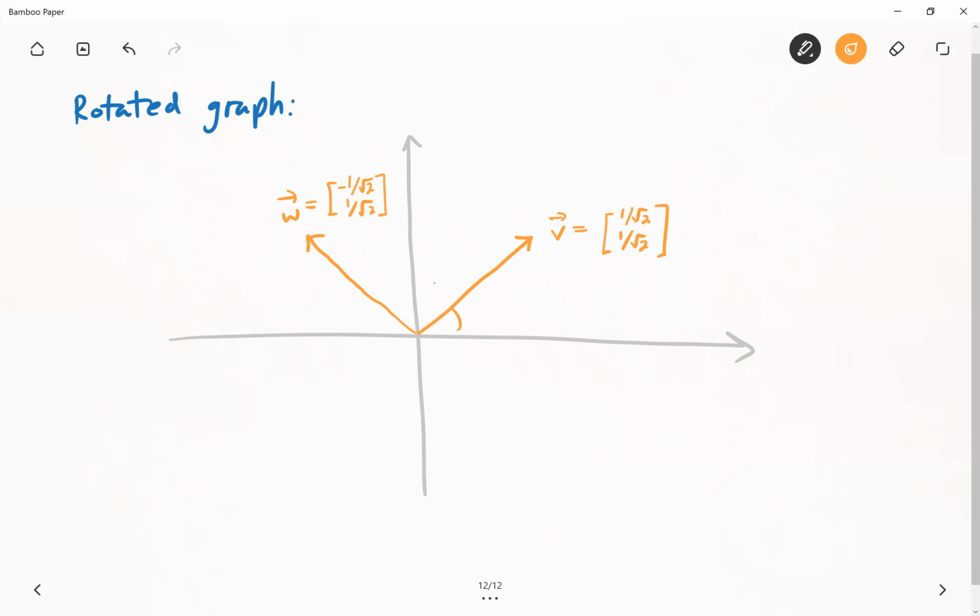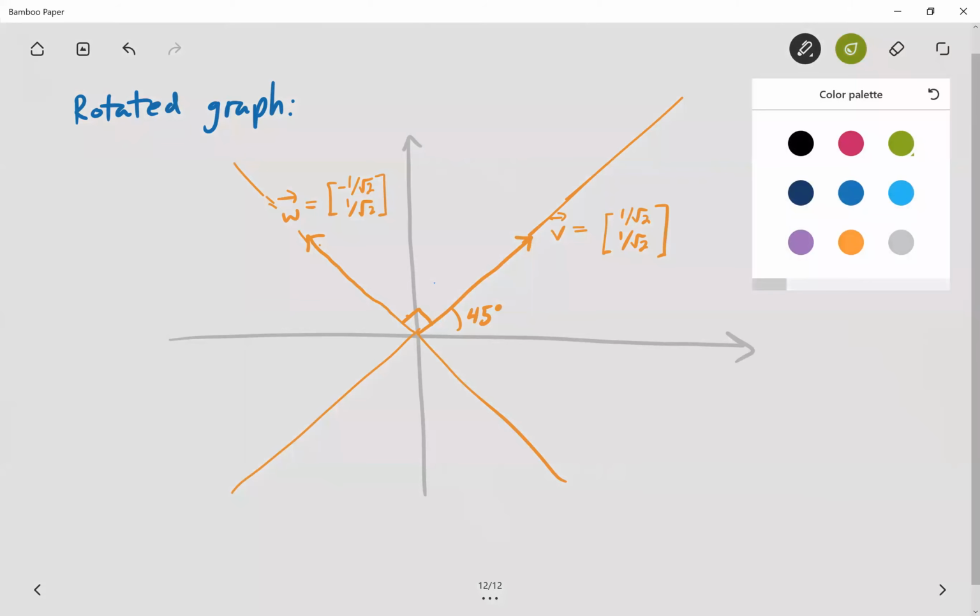In other words, this is like a 45-degree angle right here. All right, so what's happened is we've taken our graph of our hyperbola, we've rotated it in this way. Think of the eigenvectors as your new axes, and you actually want to graph your hyperbola using these as your axes.